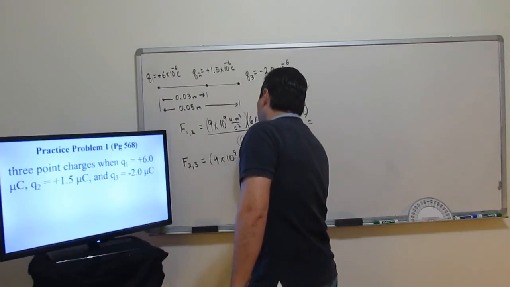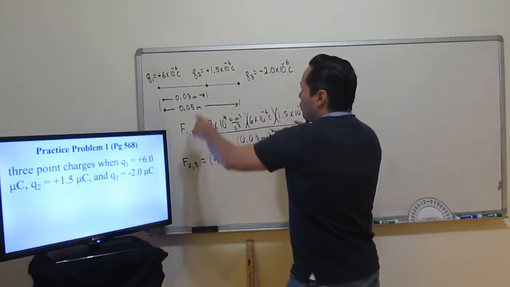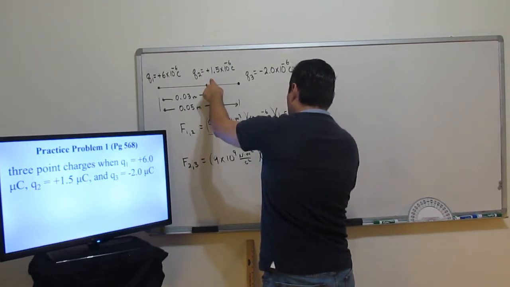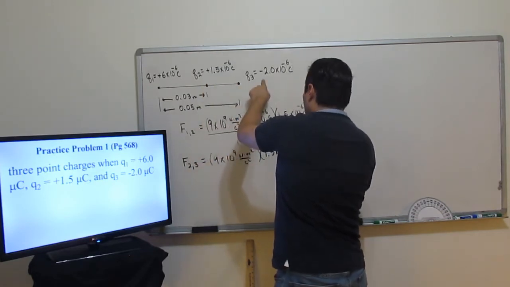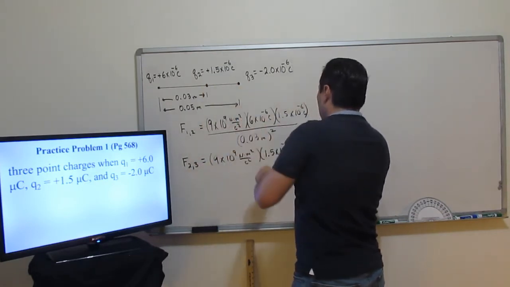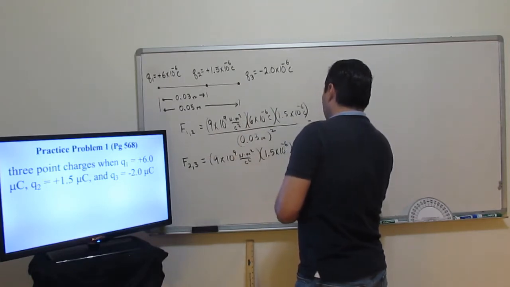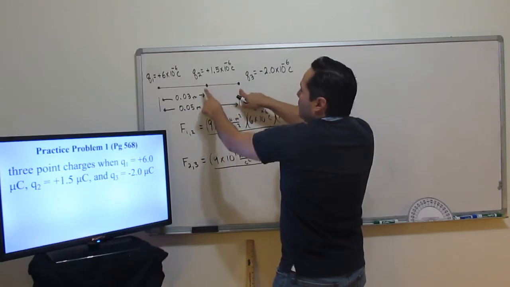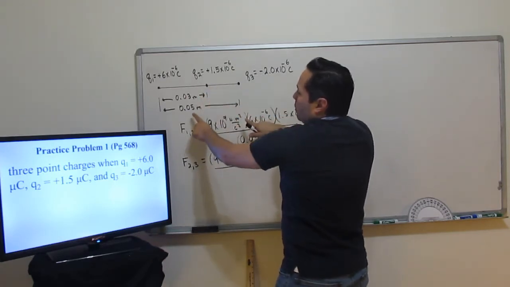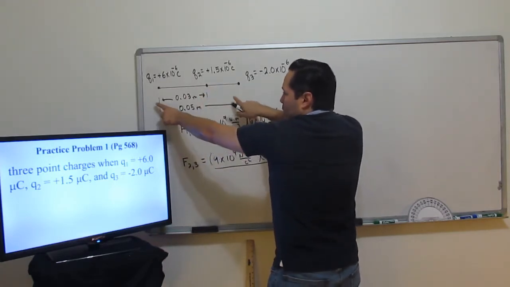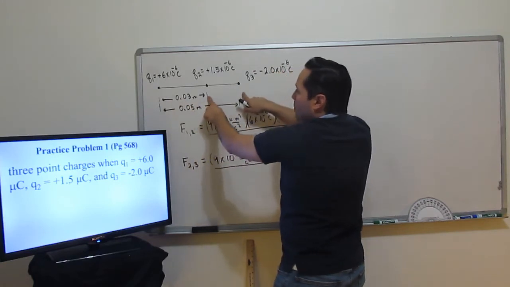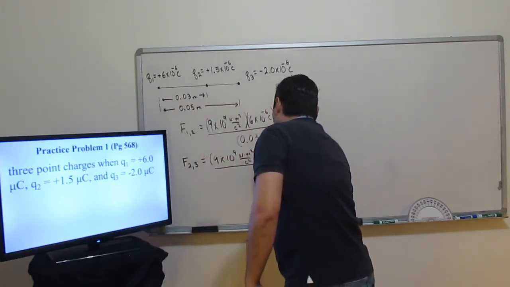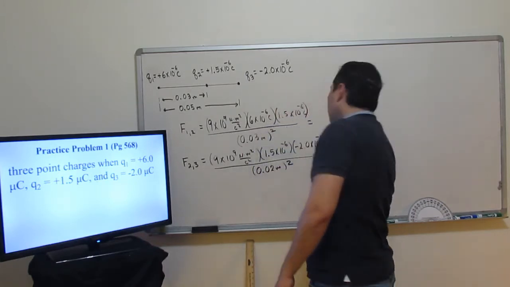Multiplied by their charges, 1.5 times 10 to the negative 6 and 2.0 times 10 to the negative 6. And all of it divided by the distance between them. If this is 0.05 and that's 0.03, then that has to be 0.02. We'll get the answer for that in a bit.